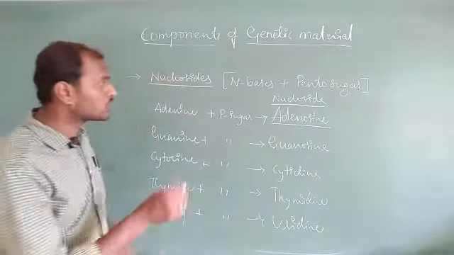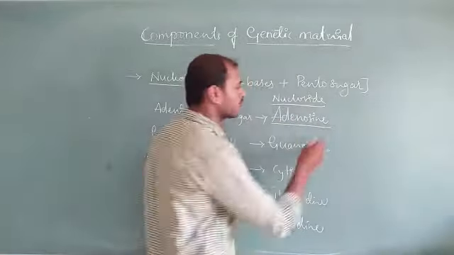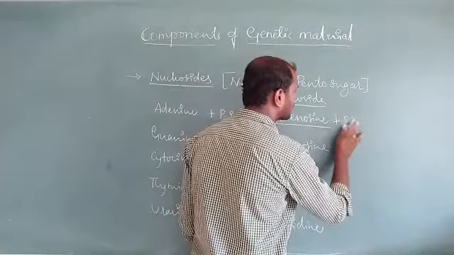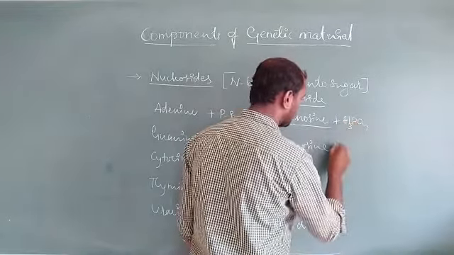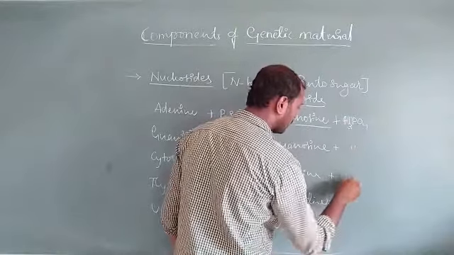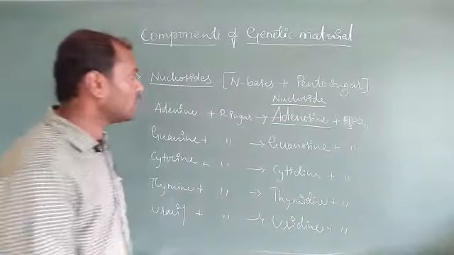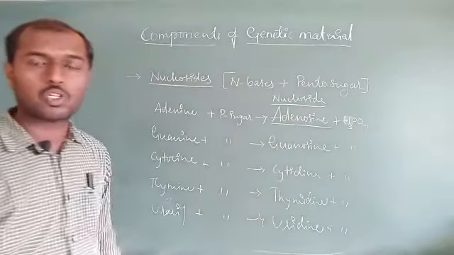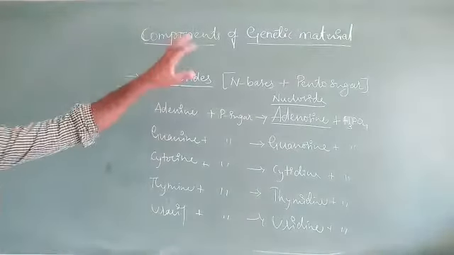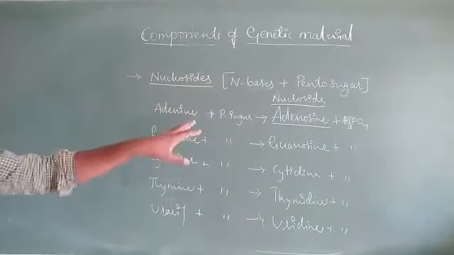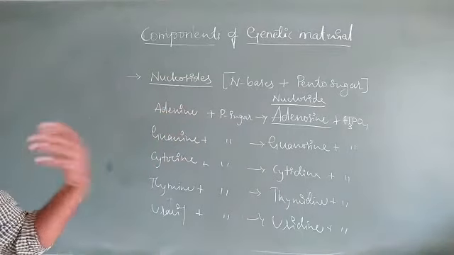So this adenosine is going to react with phosphate or phosphoric acid. When we see the reaction between the nucleoside and the phosphoric acid group, we are going to get a new component. So what is that new component?